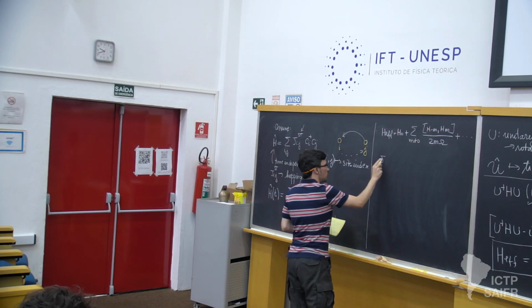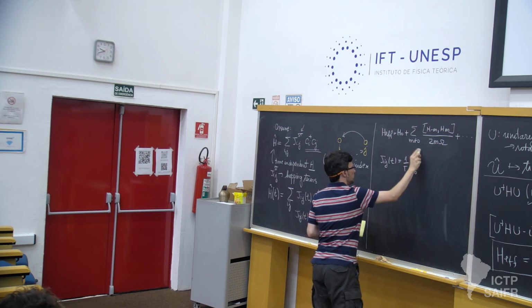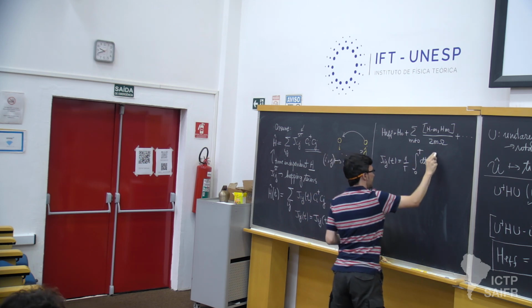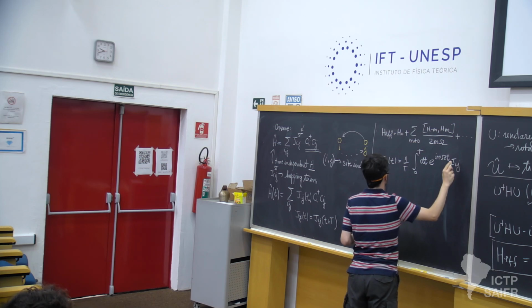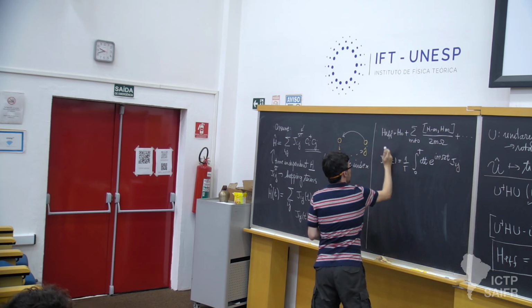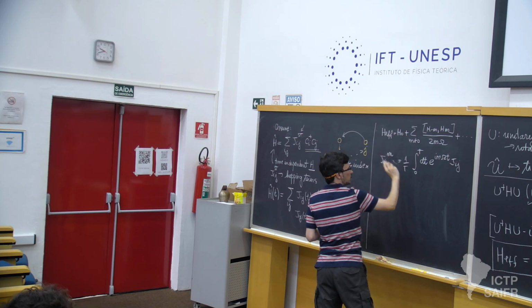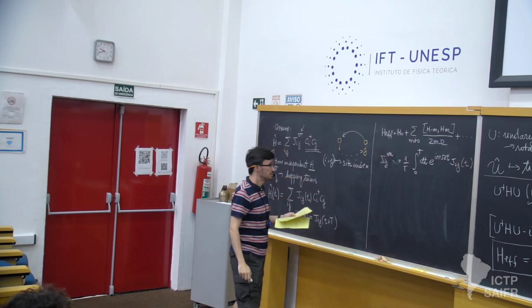But recall that this can be decomposed as 1 over T, the integral from 0 to T, dt, e to the i m omega t, J_ij of t.